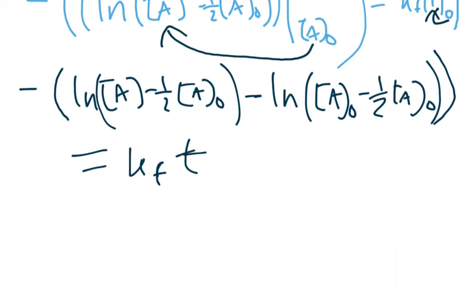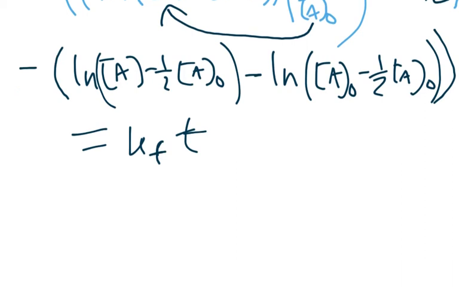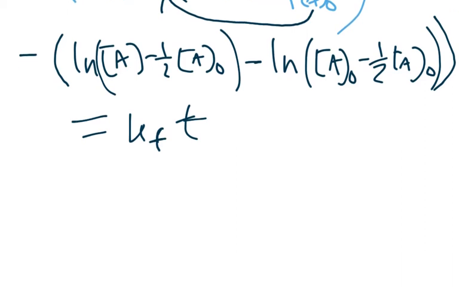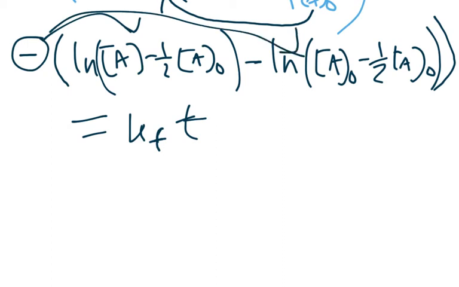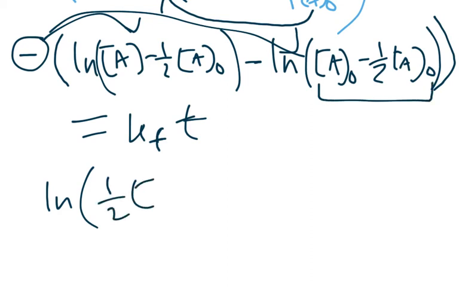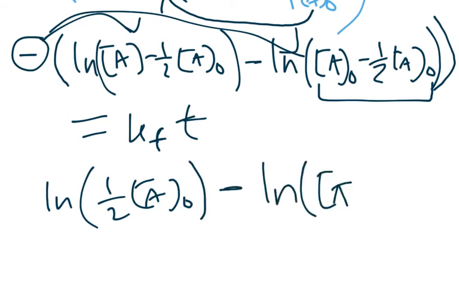Now we have this cool equation, and now we can do some algebra to fix it up. So we're going to distribute the negative. So the natural log of, let's simplify this, A0 minus 1/2 A0 is 1/2 A0. And we subtract that by the natural log of A minus 1/2 of A0.